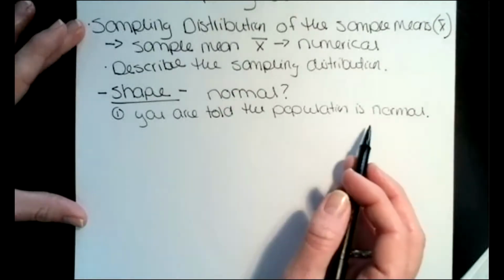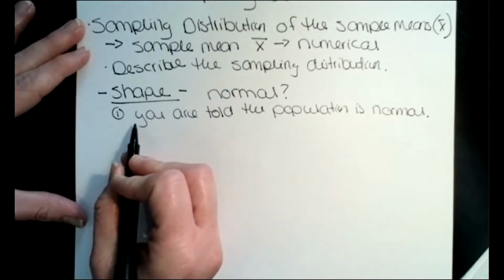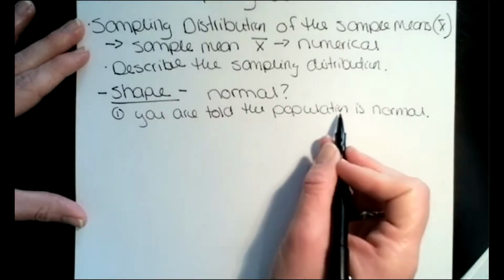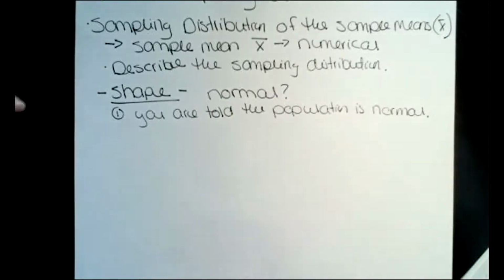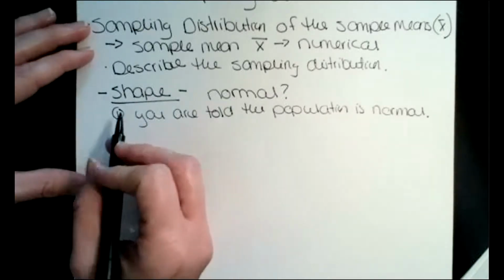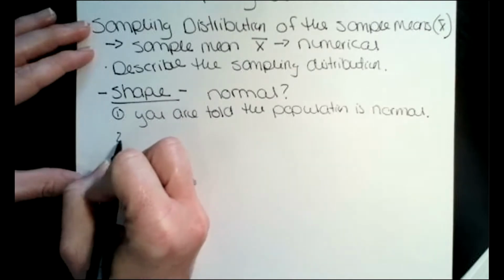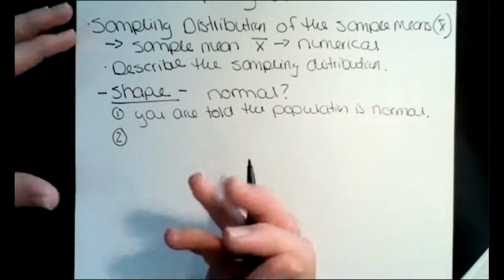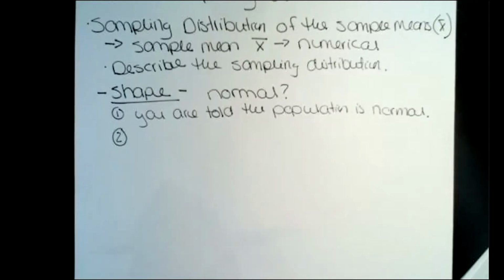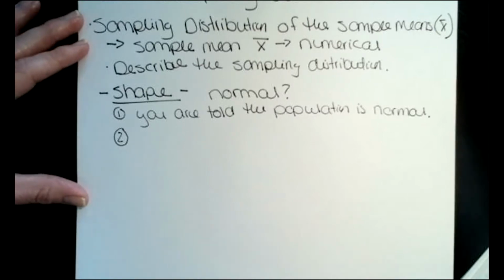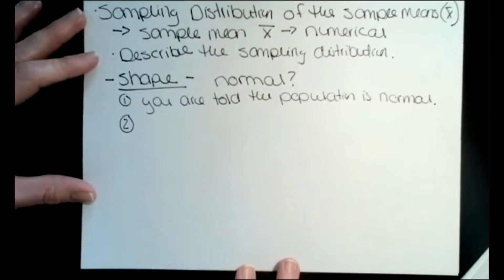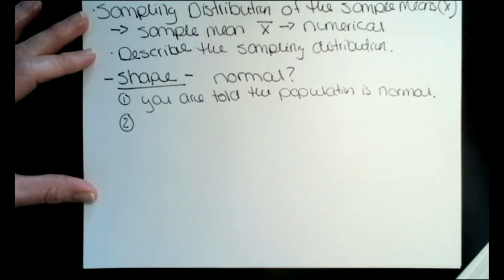Okay, so if we're told, this is the only scenario where we'll be told that the population is normal, because in chapter 8 is the only time that we actually know anything about the population, because in chapter 8 we're kind of working backwards, where we know information about the population, and we're trying to find out information about the sample. So it's kind of unrealistic, right, this scenario, because it's normally the other way around. We're trying to find out something about the population based off of a sample that we have, right? So this is just kind of working backwards. It's just setting us up for the rest of the semester here.